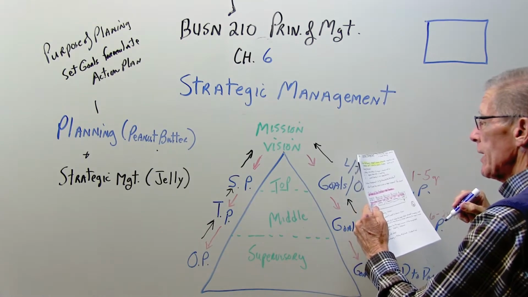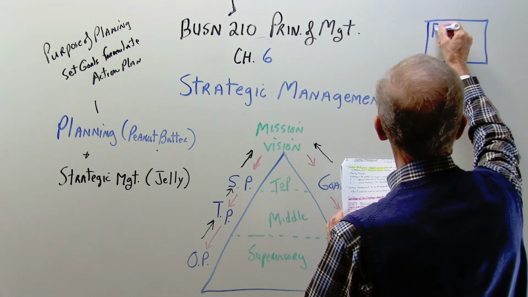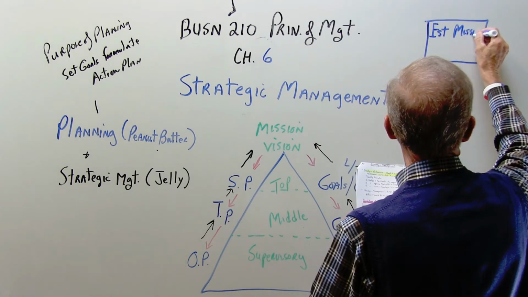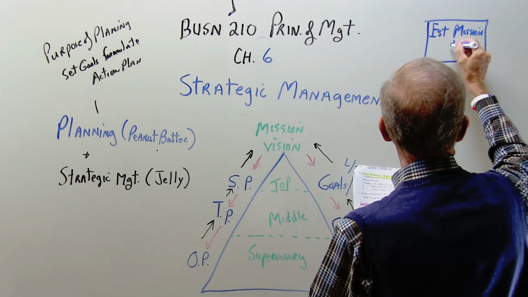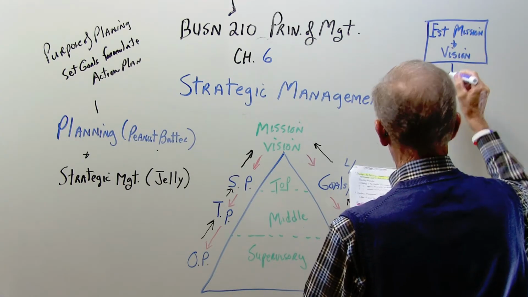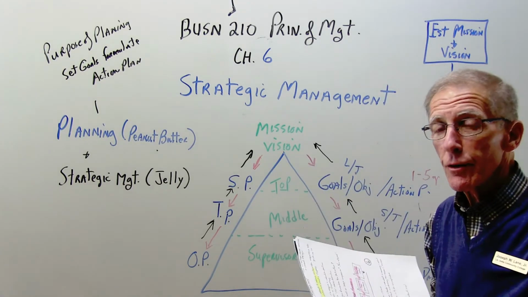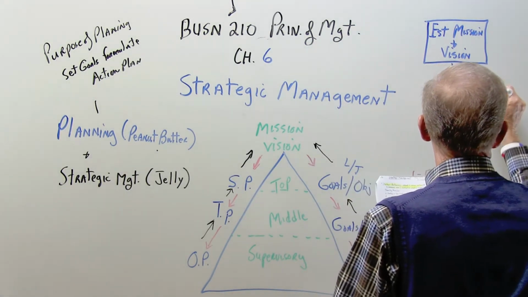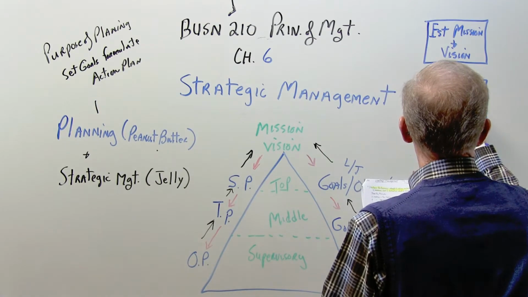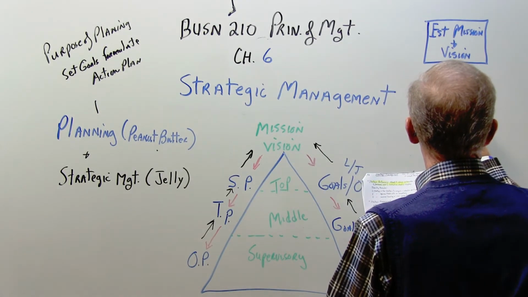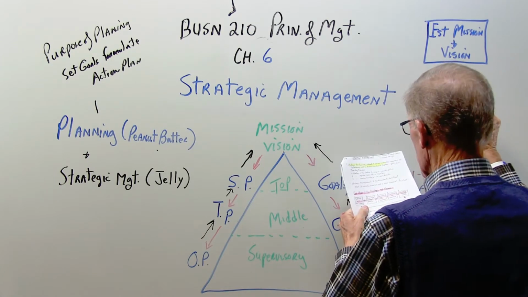Number 1, establish the mission and vision. And I know you have this on your study notes. Number 2 is assess the current reality.